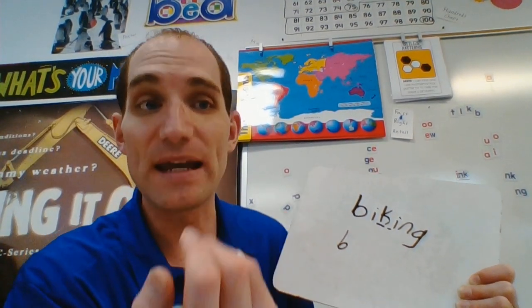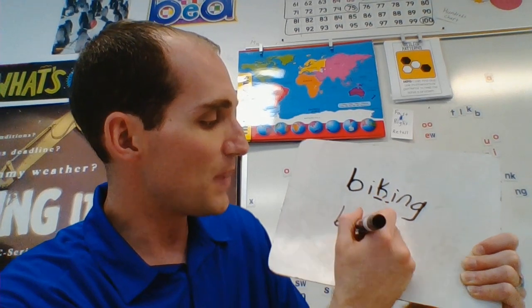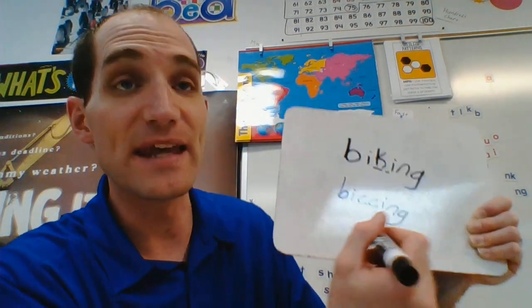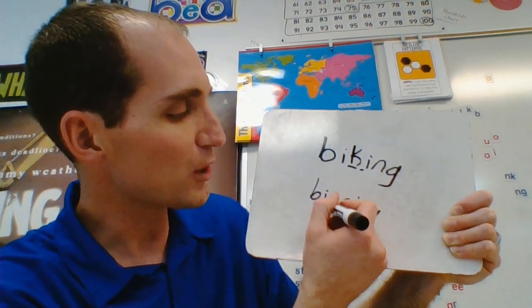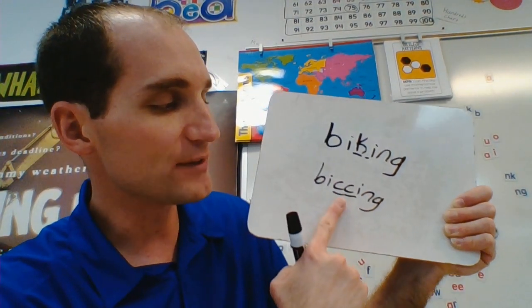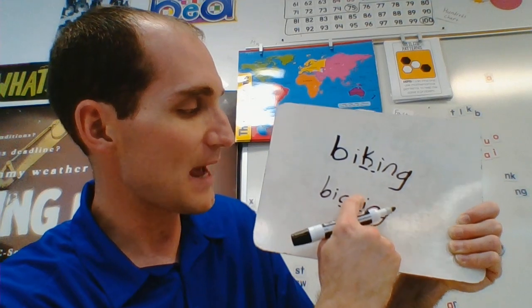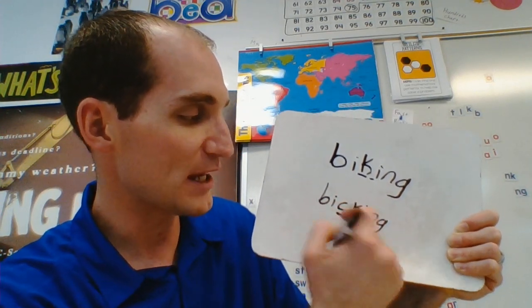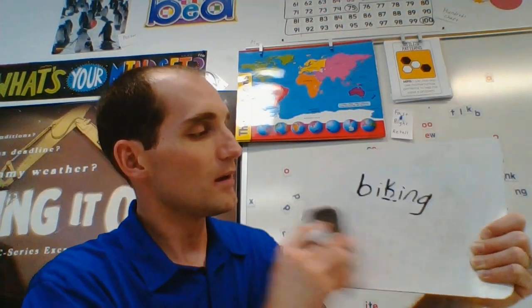They sometimes call it bicking to shave your head. Bicking would actually have two C's in it. I'm guessing, I don't know how to spell it. But it could have two C's, or it would maybe have a C and a K, because you have to have two letters right here or else it says long I.